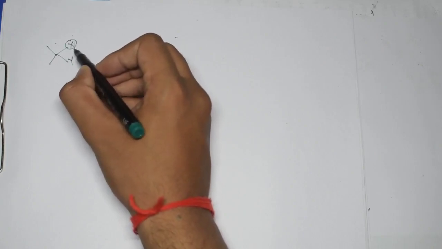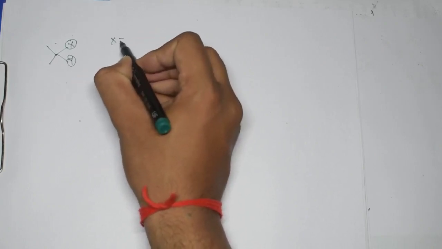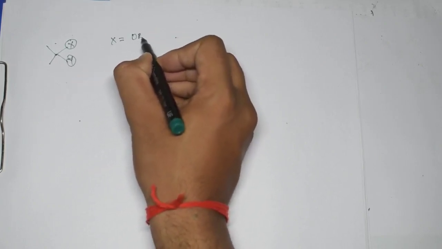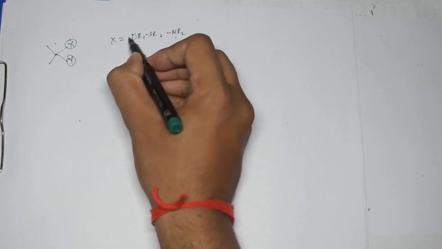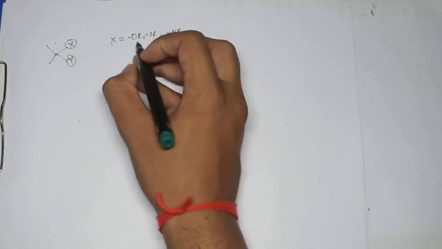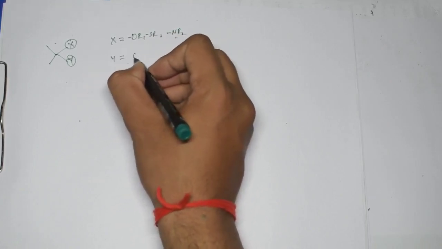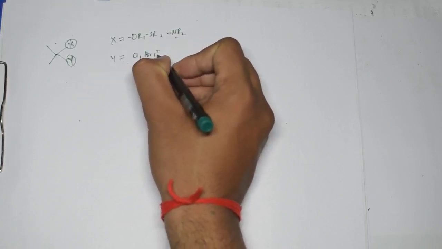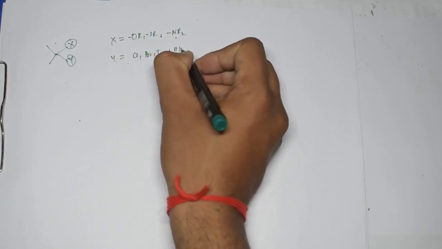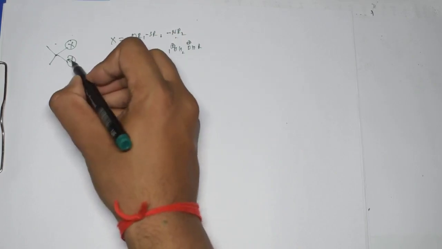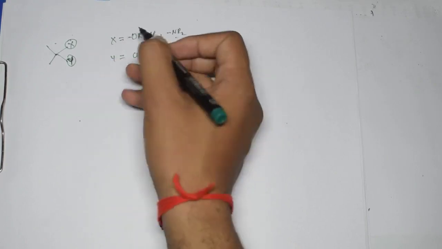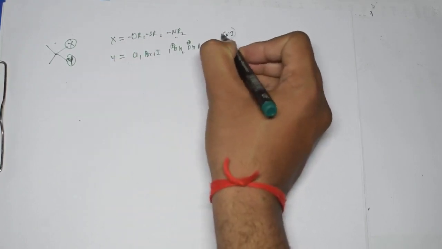If we have this X as OR, SR and NR2, like this, and if we add this Y as Cl, Br, I, or OH2, OHR kind of things at this Y position, that will definitely prefer SN1 reaction.